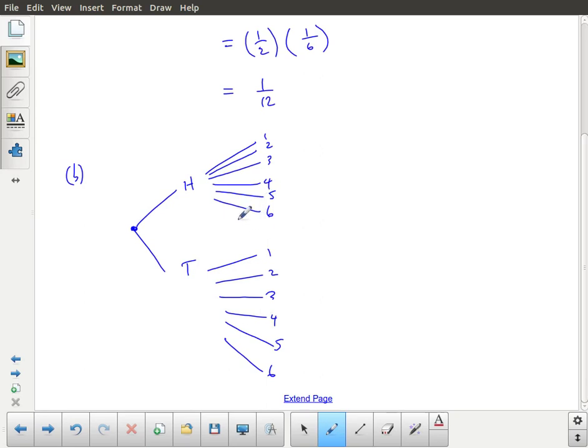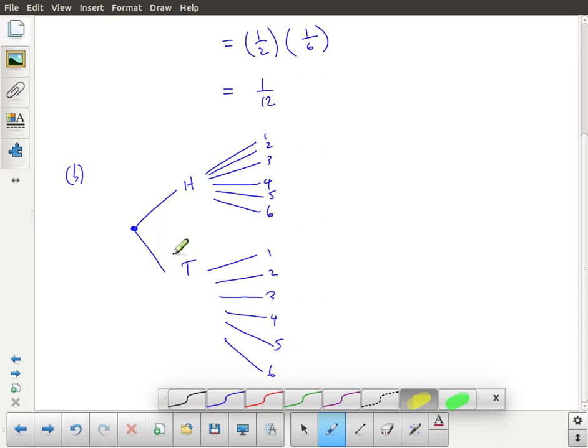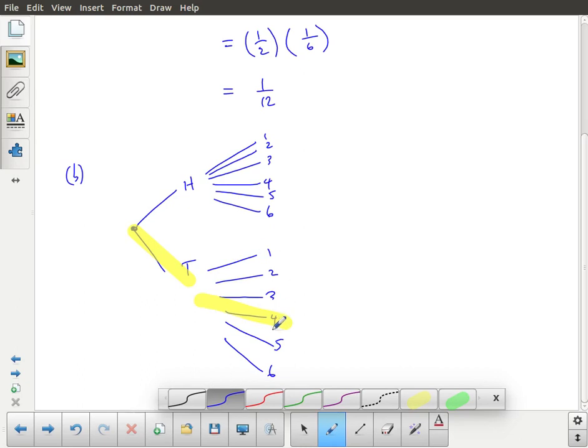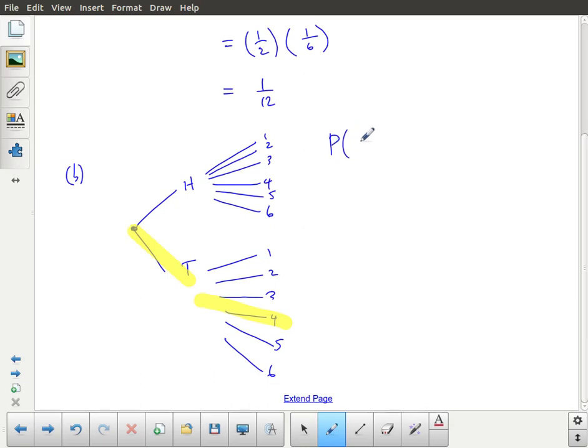And when we looked at this with counting techniques, we would now just say, okay, let's figure out what the desired path is. So tails is what I want, and then 4 is what I want. So in this case, from a counting perspective, we could say the probability of tails and 4 is equal to the number of ways that we can get tails and 4 divided by the total number of ways that we can run this experiment.